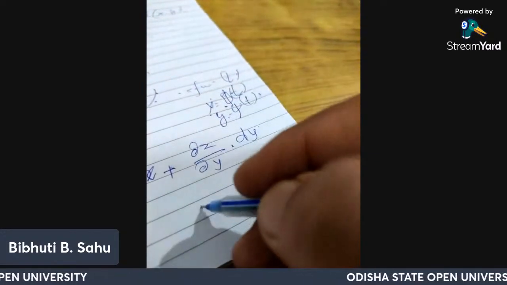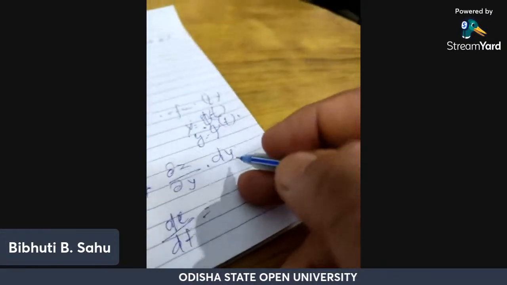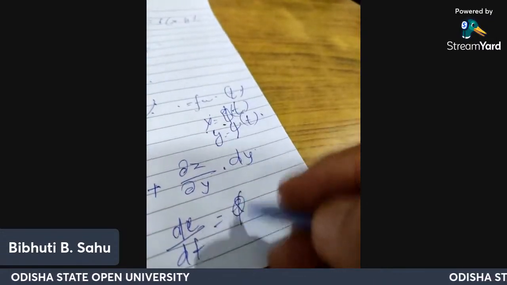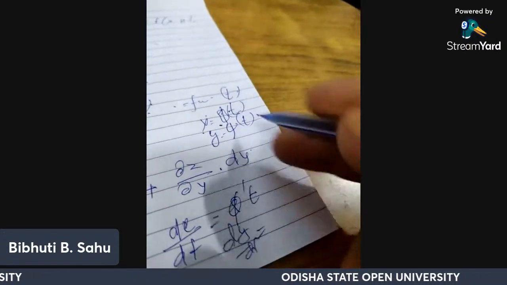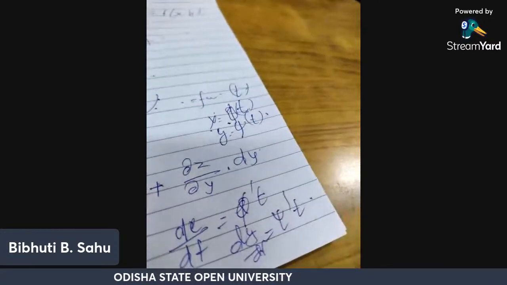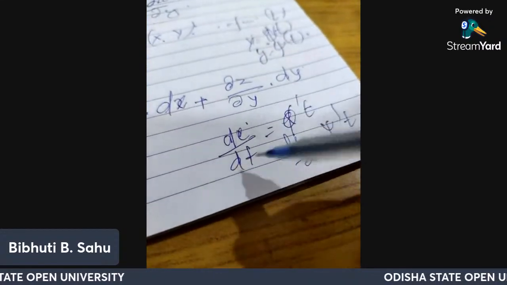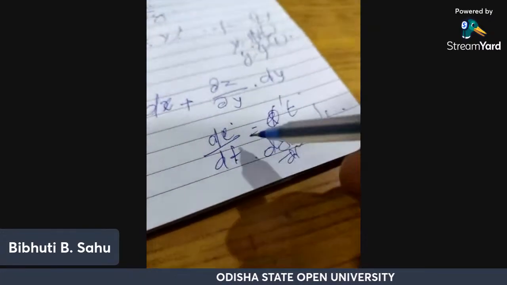So what can dx by dt be? dx by dt is equal to phi prime t. dy by dt is also this, let it be f prime t.